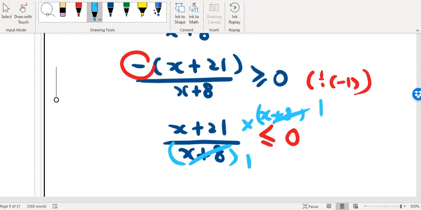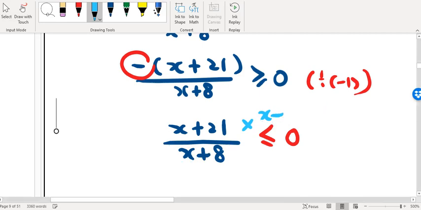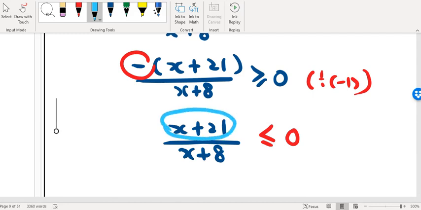As I mentioned just now, you must be fair and square. Since there are factors on your denominator, no matter what, you not only need to find the value of x on your numerator, you also need to consider the value of x on your denominator as well.